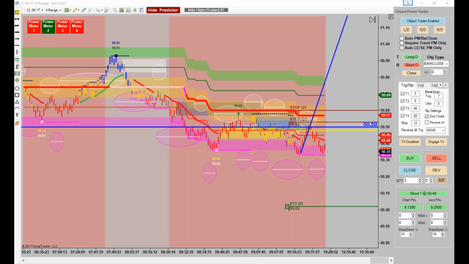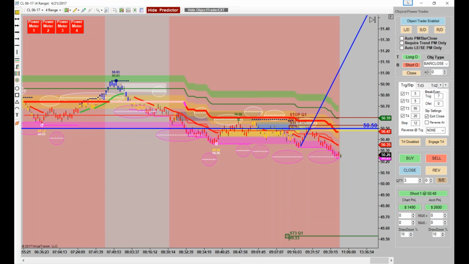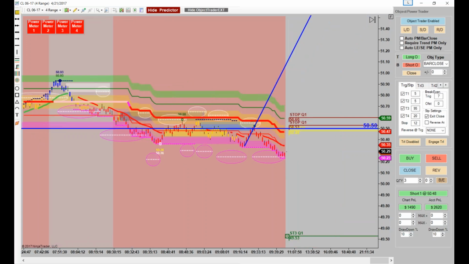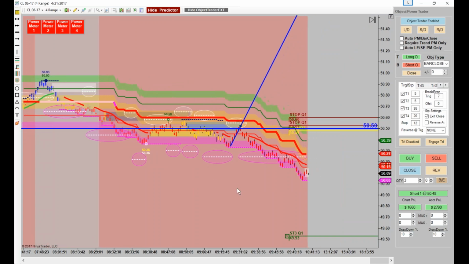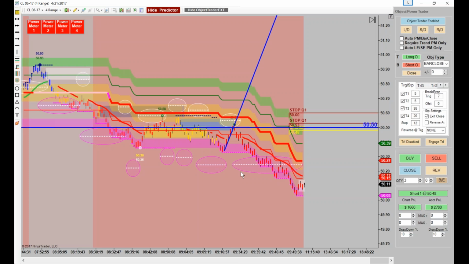I'll go to 500 times and see where the thing went. I'm 500 times right now. Power meter hadn't even changed to green yet.